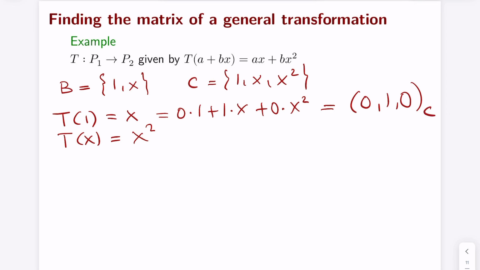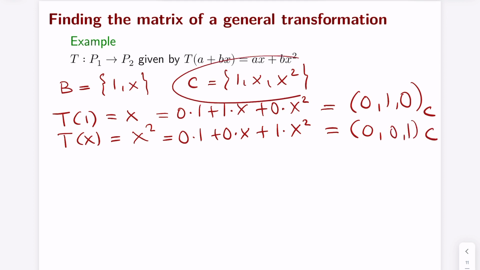That will be the coordinates in the base C. We do the same thing for this one, that is 0 times 1 plus 0 times x plus 1 times x squared. So the coordinates are going to be 0, 0, 1 in the base C.